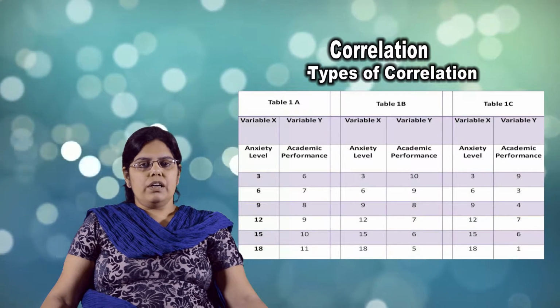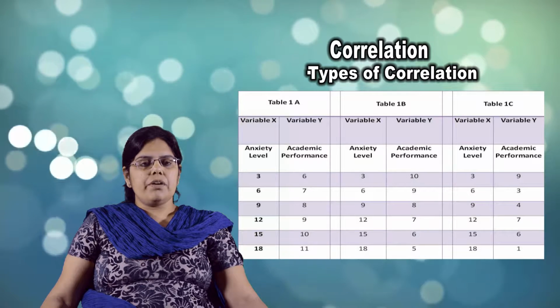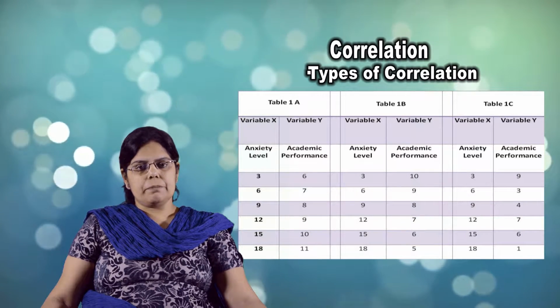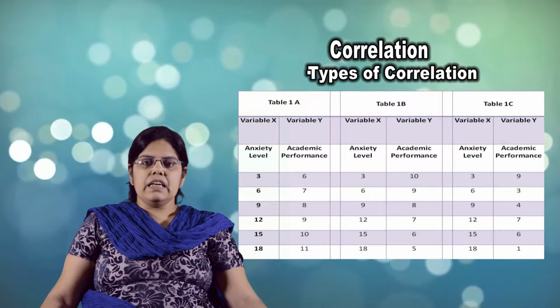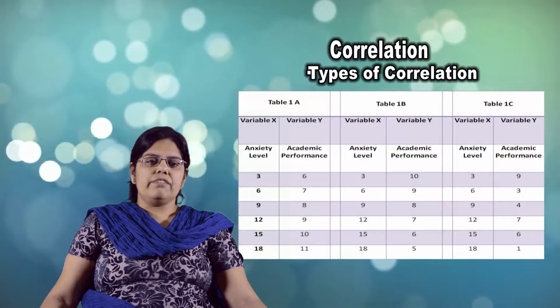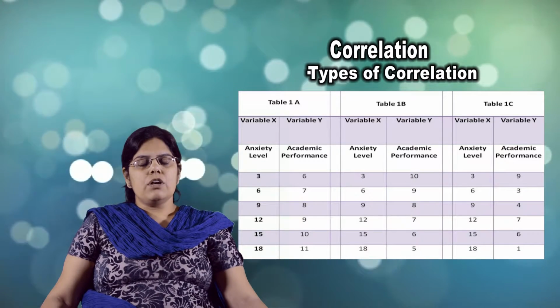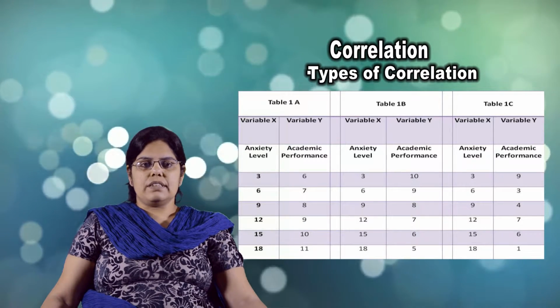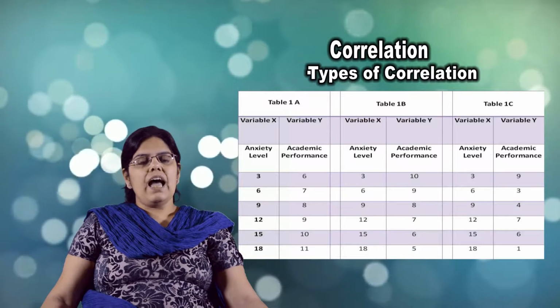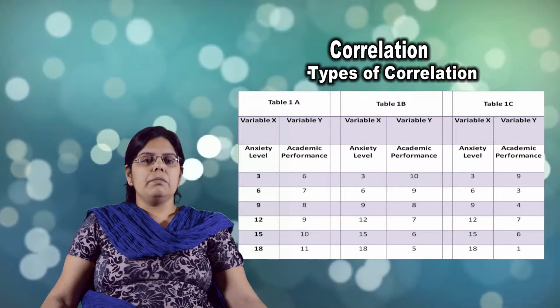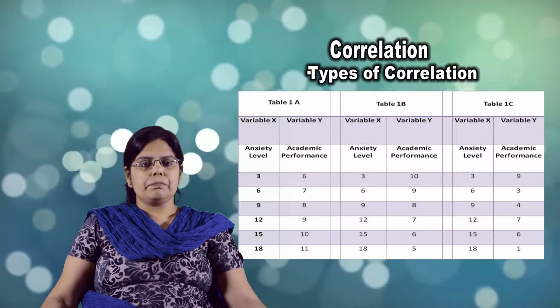A negative correlation occurs when one variable increases while the other variable decreases. Thus, it means that with the increase in the level of anxiety, the level of academic performance of school children decreases. Or, in other words, as the level of anxiety decreases, students' academic performance increases.